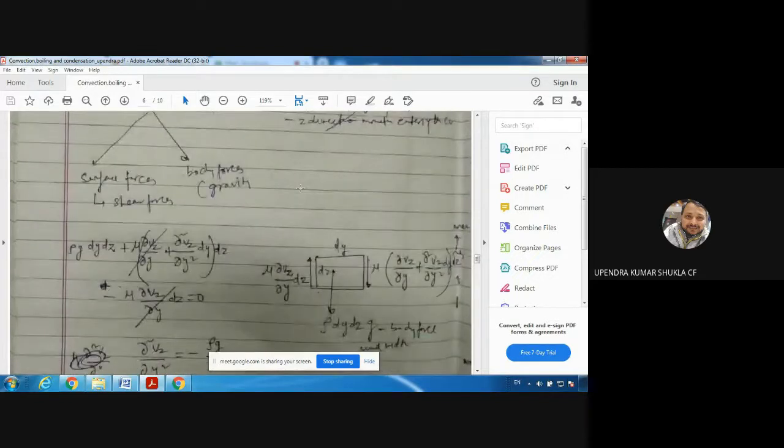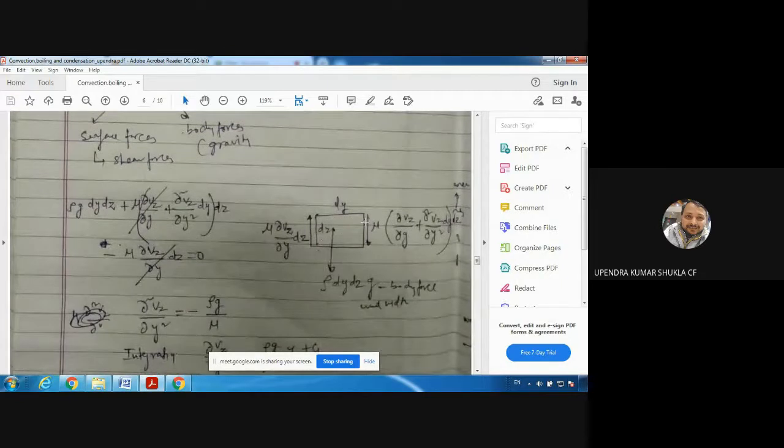Now on the left hand side, the net z direction forces: we have taken this control volume dy dz, and on this face the shear force is mu del vz over del y times dz. When we travel the distance dy, we get mu del vz over del y plus del 2 vz over del y square dy, times dz.